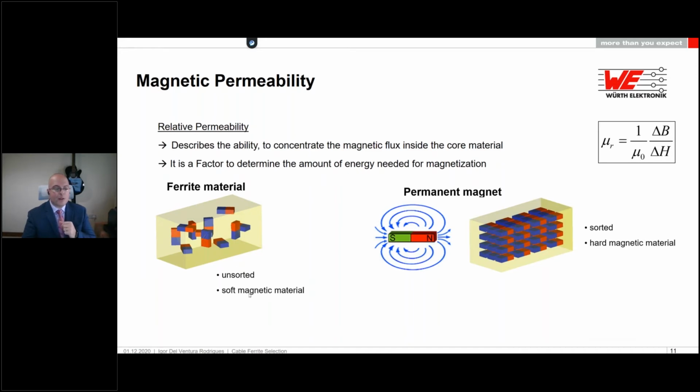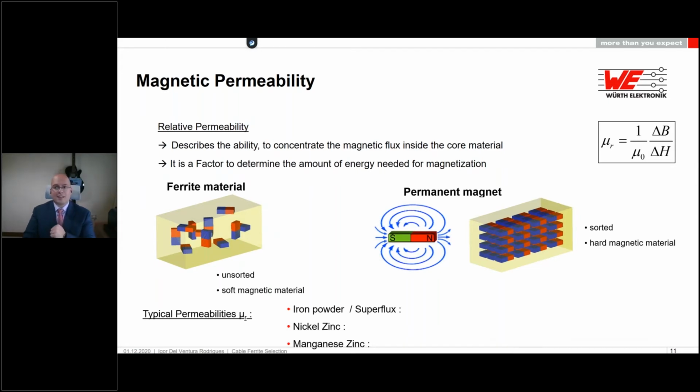Meanwhile, your ferrites will be using soft magnetic materials. Okay, so they can get organized once you have a magnetic flux on them, and they will get disorganized once that flux is over.